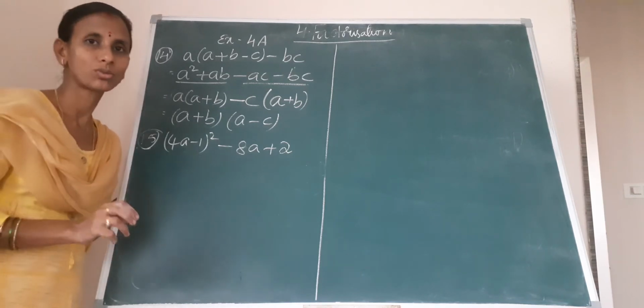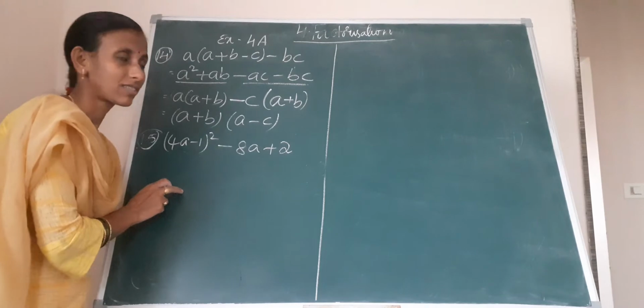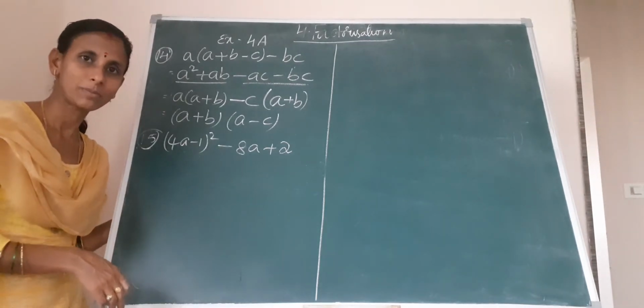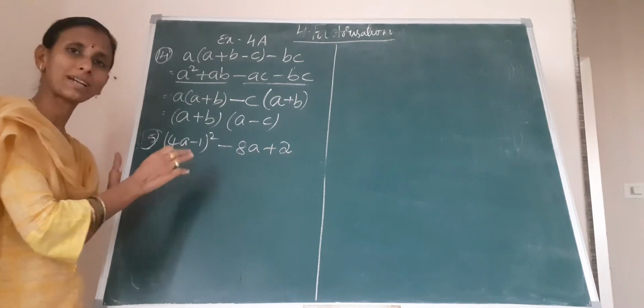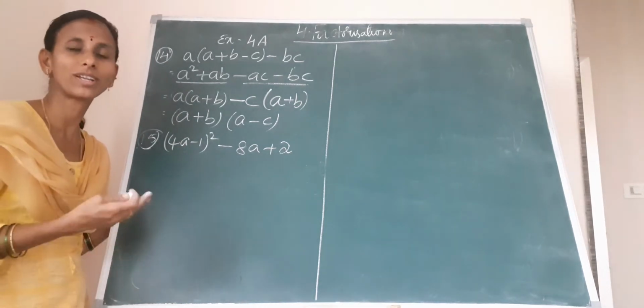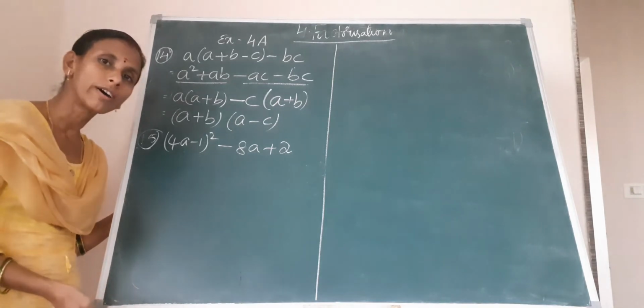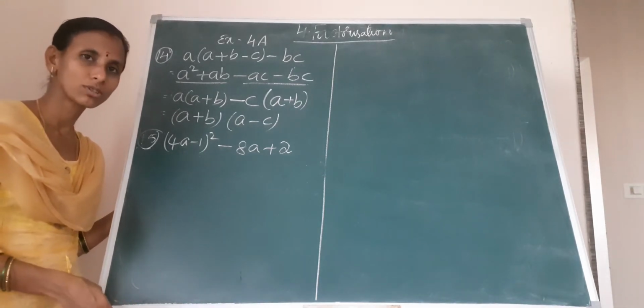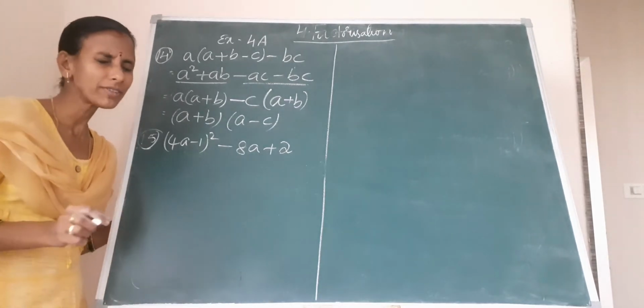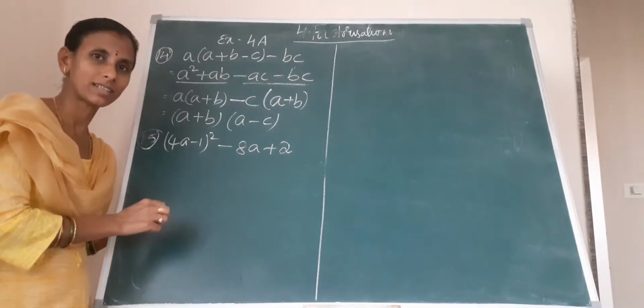So please don't do that. Whenever we are doing the factorization of the expressions, we should not expand by using the identities, that might be a minus b whole square, a plus b whole square, a square minus b square, or a plus b whole cube, a minus b whole cube, a cube plus b cube, a cube minus b cube. So any of the identities we won't expand it.